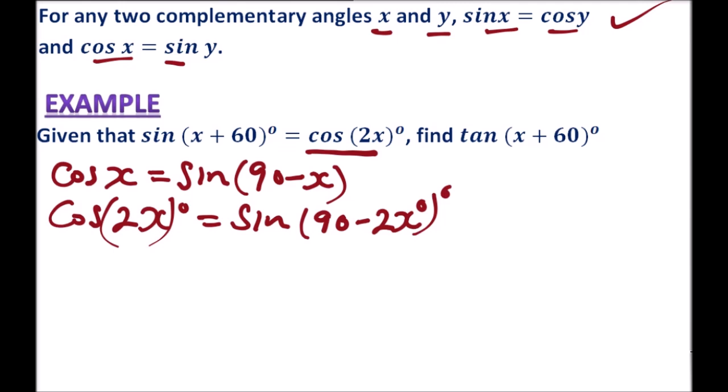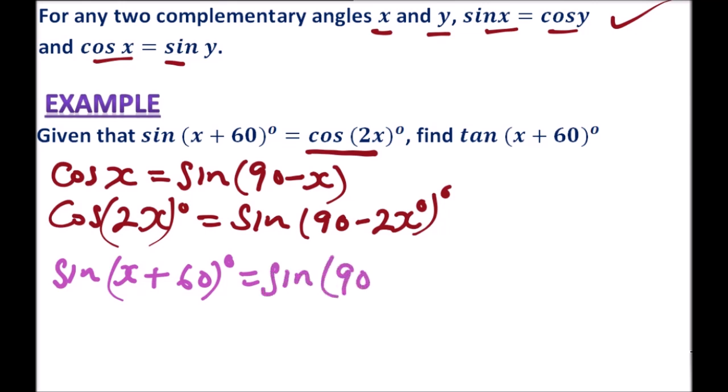So that is correct according to what we have agreed on sine and cosine of complementary angles. And therefore, since we are saying sine of (x plus 60) is equal to cos 2x, then we can say that sine of (x plus 60) degrees is equal to the sine of (90 minus 2x) degrees.